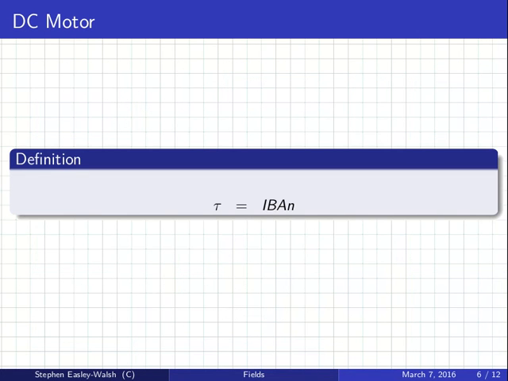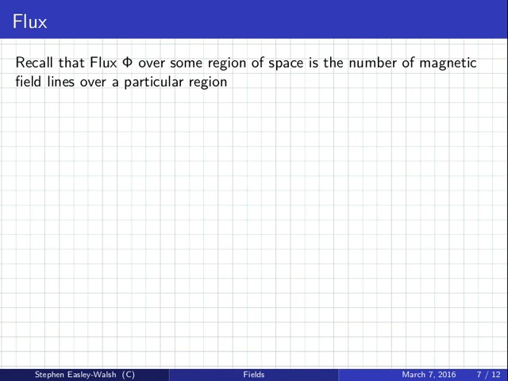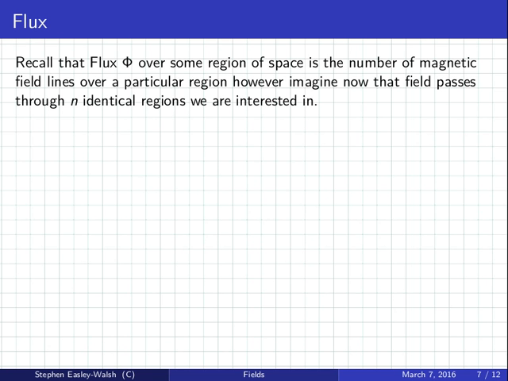Right, so we have I bands. Now, remember that the flux over some region of space is the number of magnetic field lines. So 1 Weber, 1 field line. 2 Webers, 2 field lines, and so on. However, imagine now that the field passes through n identical regions.